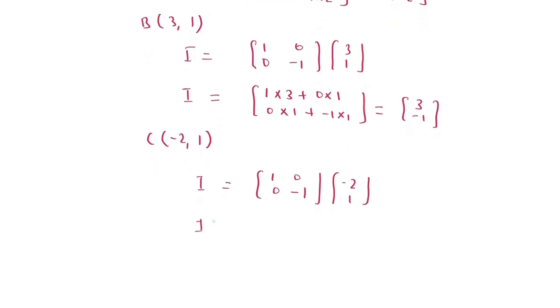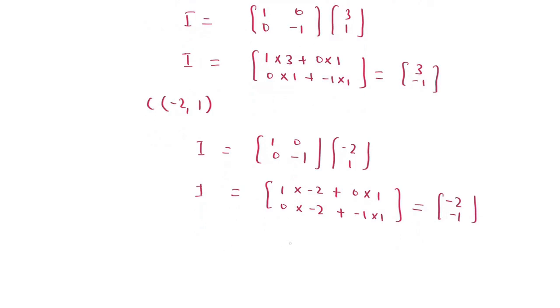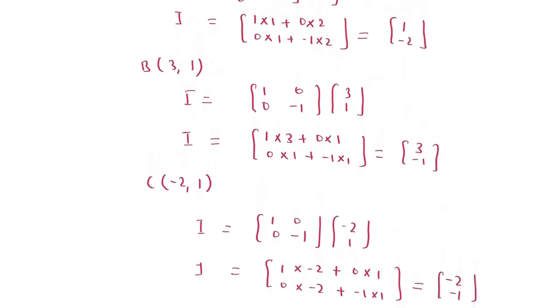Multiplying this, we are going to have image equals [1 times -2 plus 0 times 1, 0 times -2 plus -1 times 1], of which, solving this, we are going to have [-2, -1]. So we have all the images for the 3 points as requested.